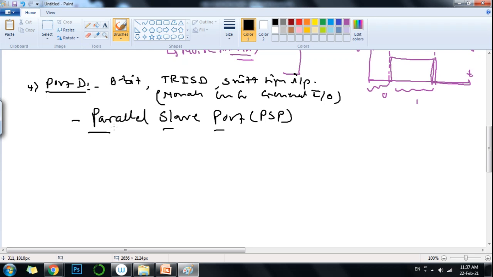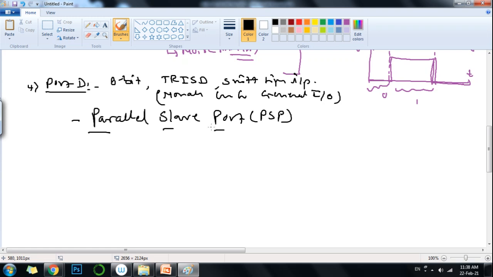In short, when you operate port D as a parallel slave port, this port can receive 8 bits of data in parallel with handshake from some external input device. You can understand that none of the other ports of this microcontroller has handshake facility.